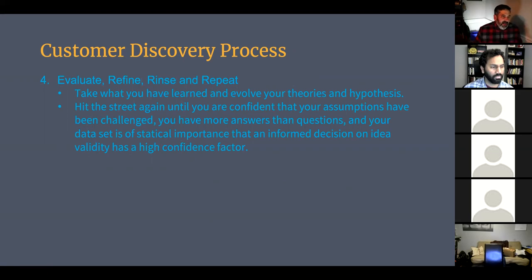So I can say in a high confidence, 80% or better, that my idea resonated with 30% of a market, and 50% of that market actually said they'd buy this product from me today. All right. That's, to me, not a true statistical sampling, but it's enough of statistical importance, I suppose, to say these are the numbers that I can build upon.